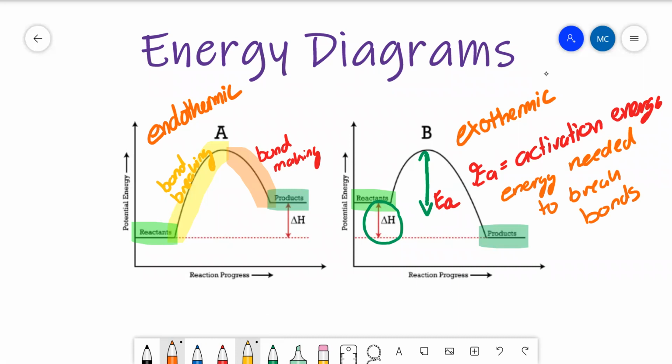Apart from this, you also have a position up here that is called a transition state.